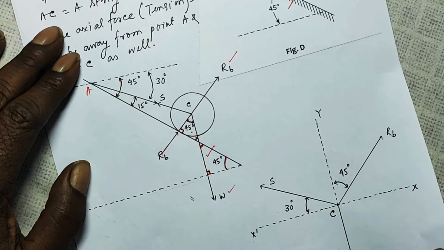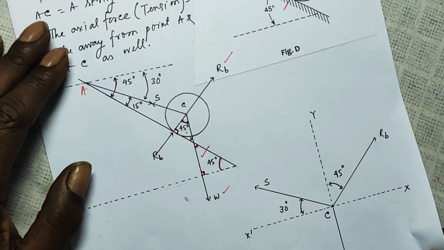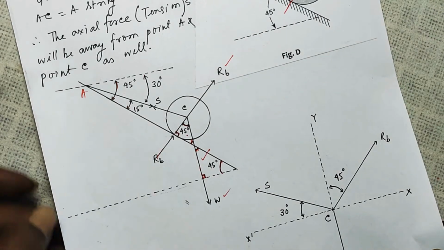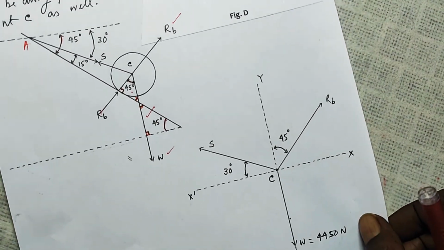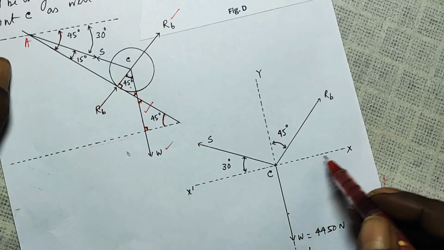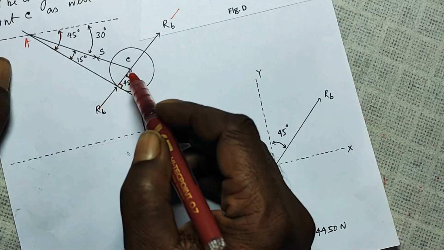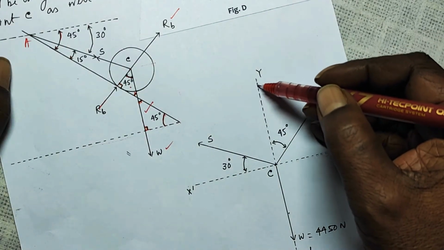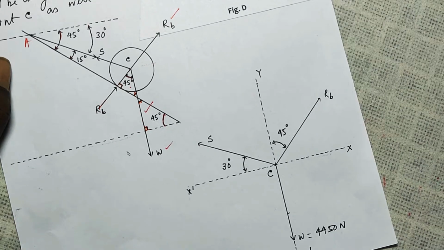So once that is understood, let me draw the free body diagram at the point C, where there are three concurrent forces. So if you look at this diagram, I have drawn x-axis passing through the point C here horizontally, x-axis, and this is your y-axis, right?